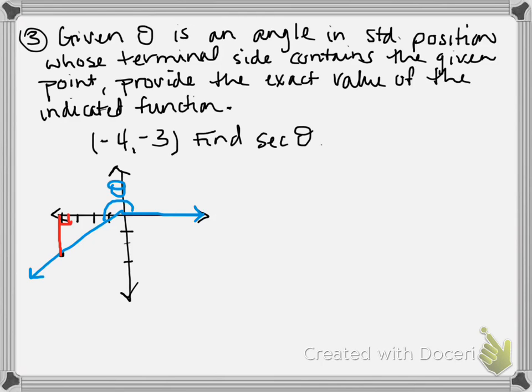Because I have a position in the coordinate system, this x side right here is -4, and this vertical distance y is -3. And I could easily find the hypotenuse of this triangle. So let's do that.